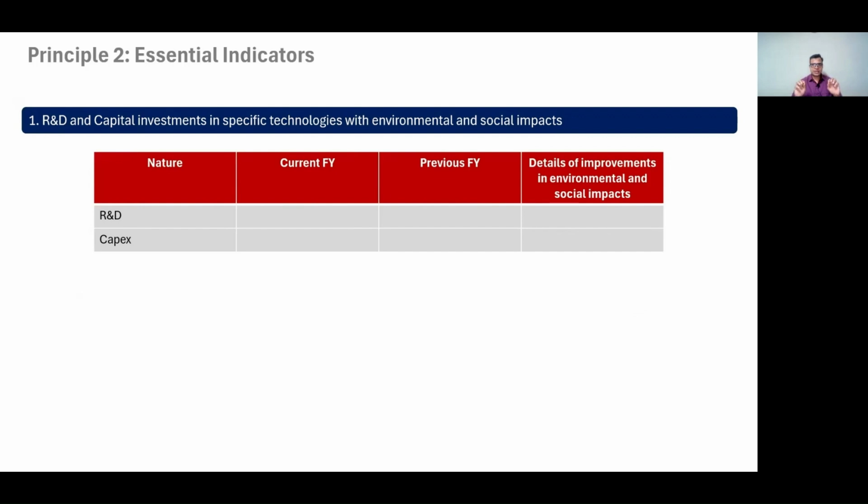This particular KPI asks the companies to give the percentage of those R&D expenditure which was specifically done to develop technologies or any other initiative which has environmental impact or a social impact. Similarly, the percentage of the capex out of the total capex of the company for that year, which was made for a project which has got environmental or social impacts.